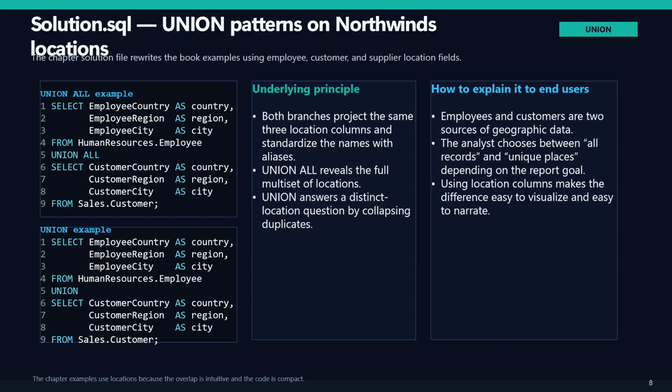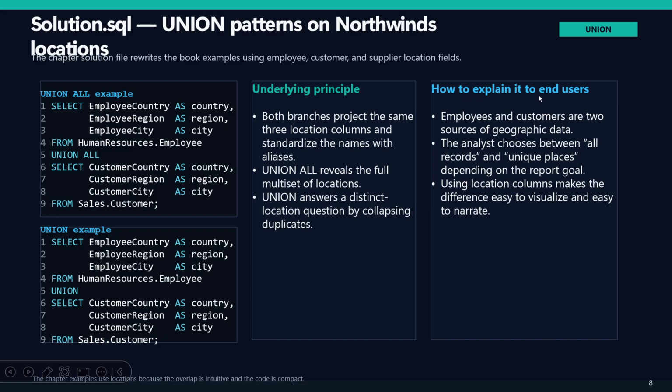The solution SQL answer patterns are about location. The chapter solution file rewrites the book example using employees, customer, and supplier location files. The underlying principle: both branches project the same location columns and name them with the same aliases. Union All preserves the full multiset of locations. Union answers the distinct location question by collapsing duplicates.